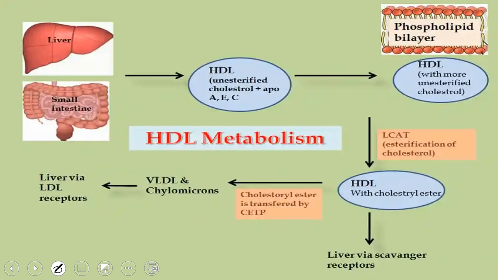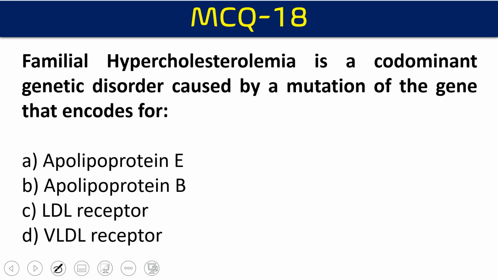This is the HDL metabolic process. Normally the liver forms unesterified immature HDL. This HDL in the circulation accepts some cholesterol, which is esterified by LCAT. Then we also have CETP, and A1 is also present on the HDL. So all three are needed for the HDL metabolic process.